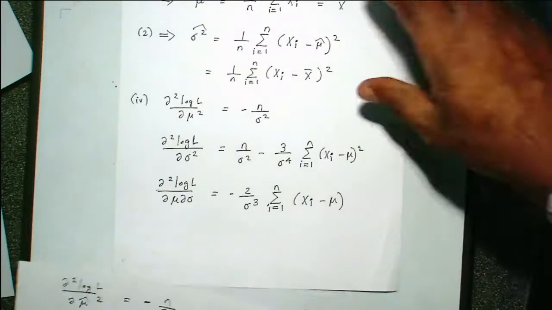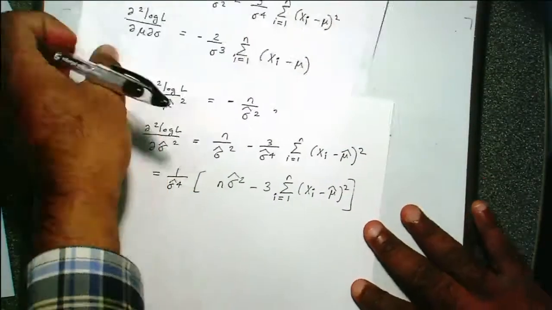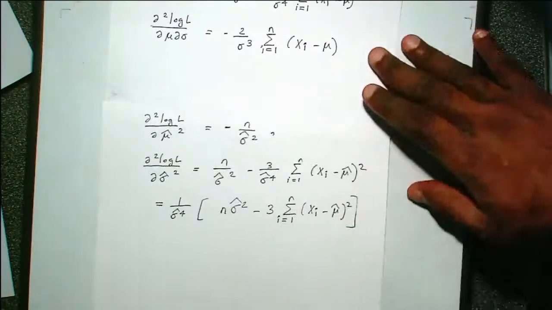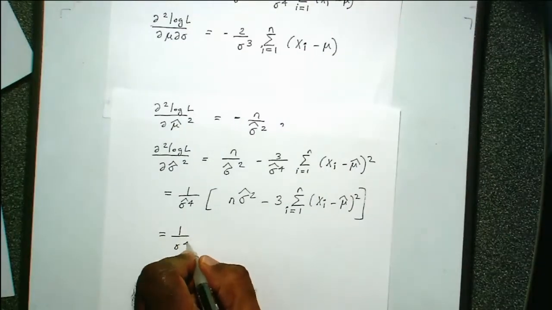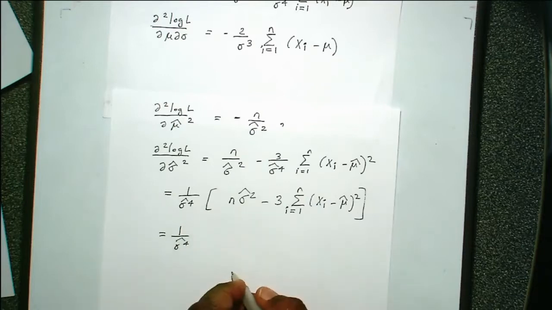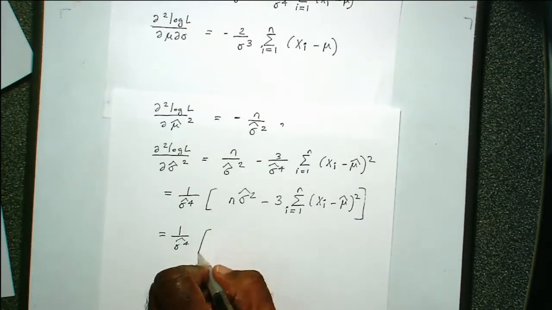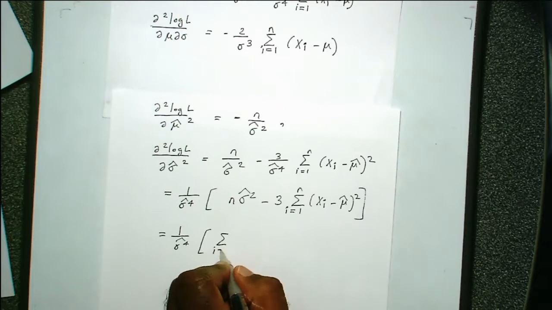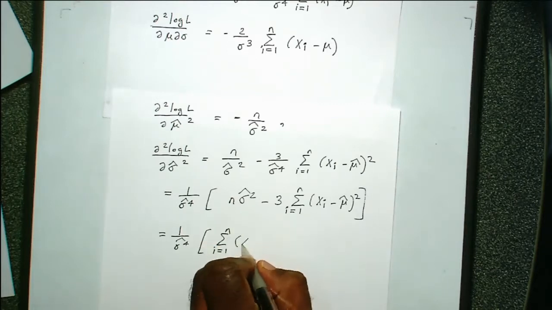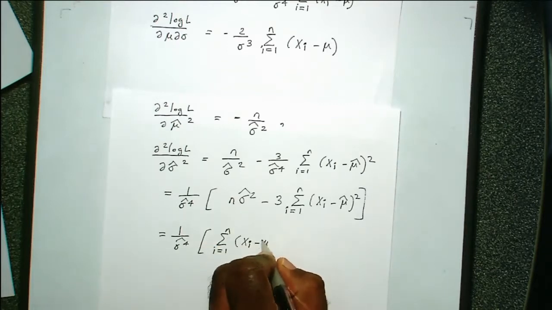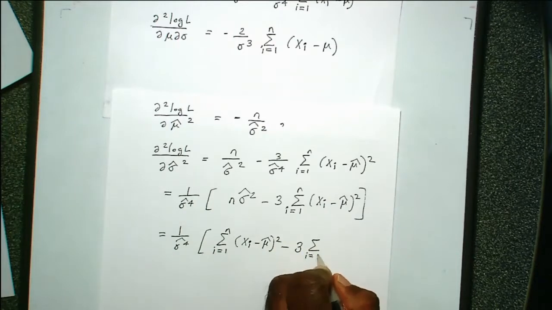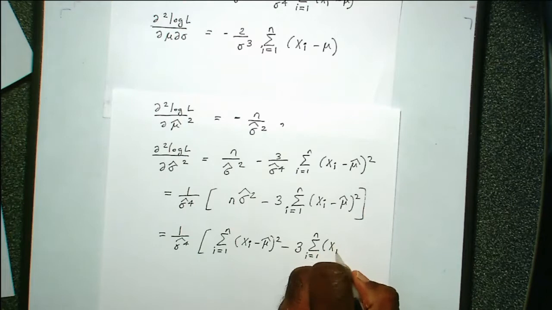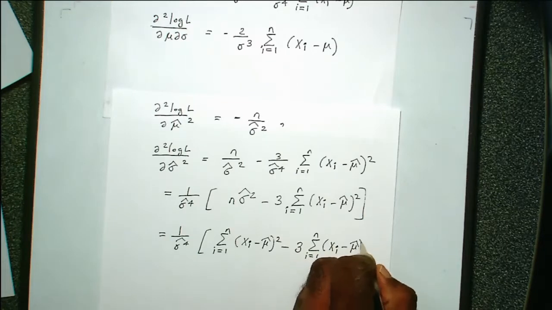So hence, n times sigma squared hat will be simply this.